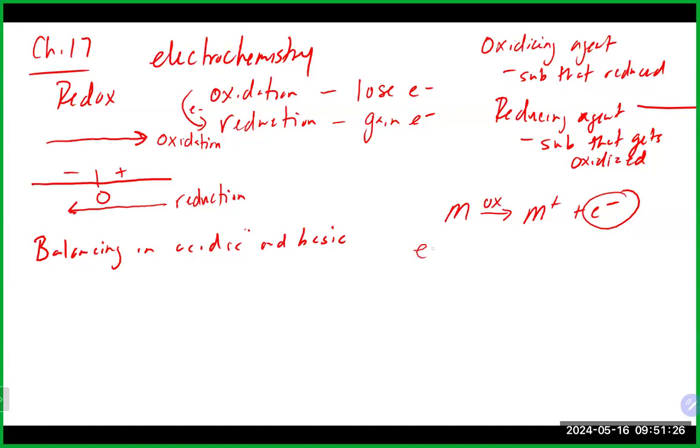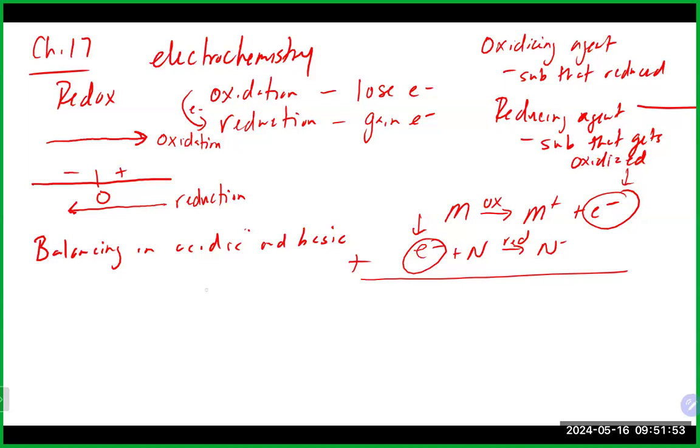We would also have perhaps our reduction half reaction, where the electrons are on the reactant side. If it's just simple half reactions, we would add these back together. The main thing you have to make sure is, again, you have the same number of electrons in both half reactions. They should always be added to opposite sides.